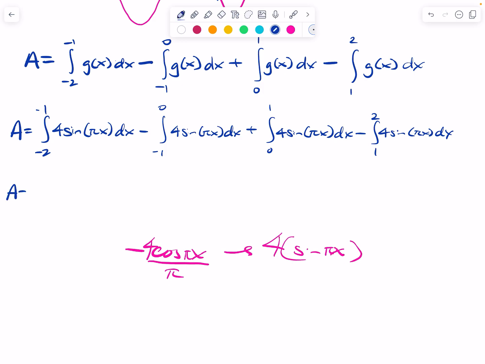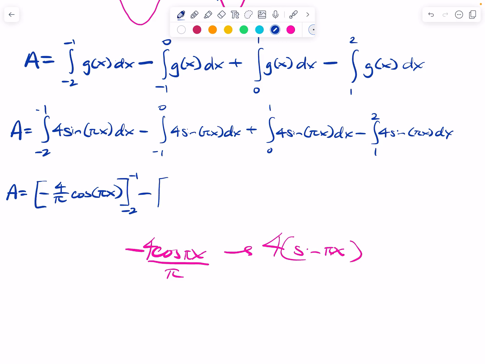The area is what we get when we take negative 4 over pi cos of pi x from -2 to -1.